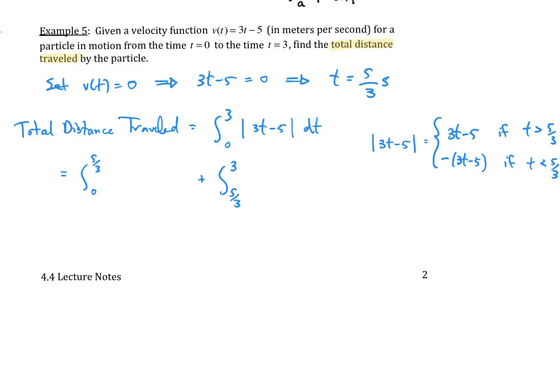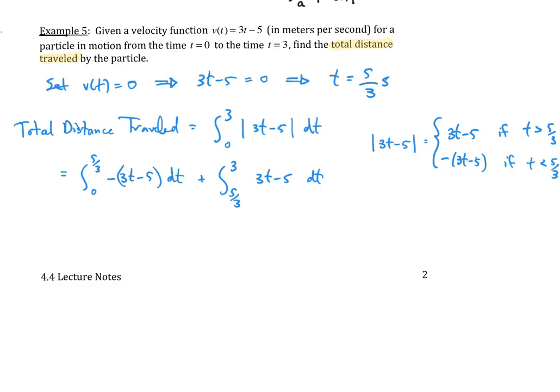For the values where the inside part is positive, in other words, where t is greater than 5 over 3, we're just going to write 3t minus 5 dt. And for the parts where the inside is negative, in other words, from 0 to 5 over 3, we are going to write negative (3t minus 5) dt, like so.